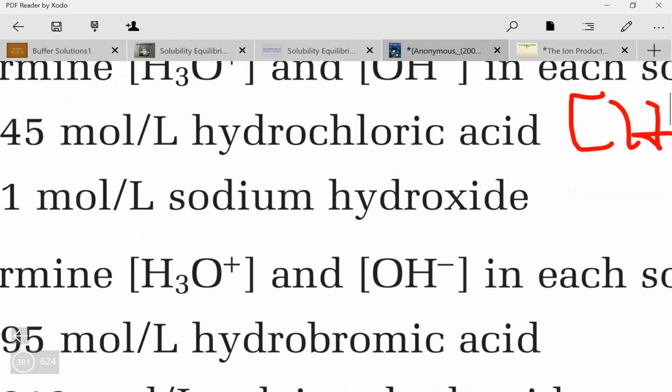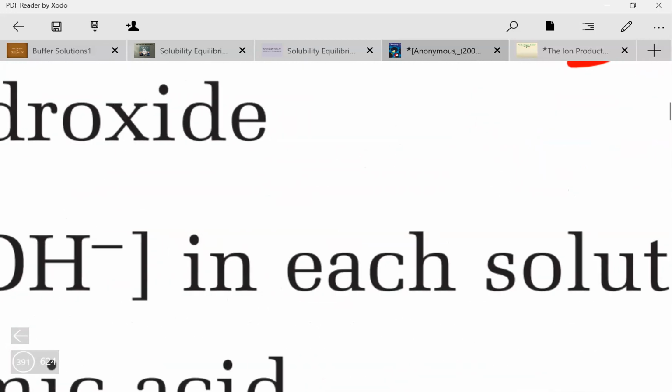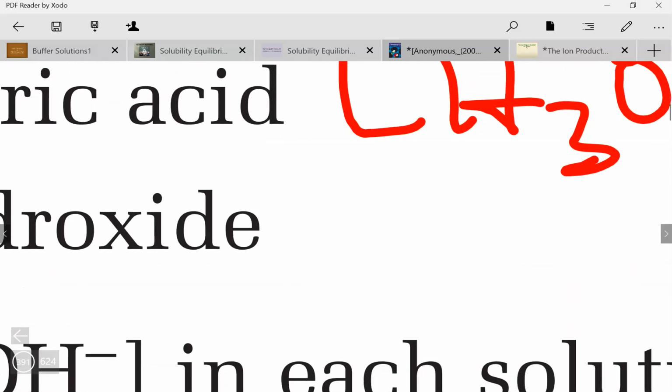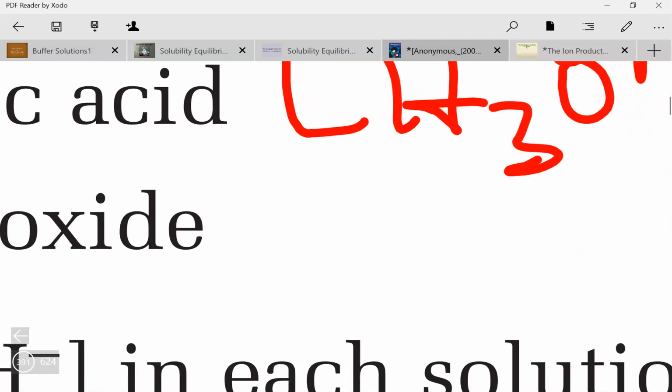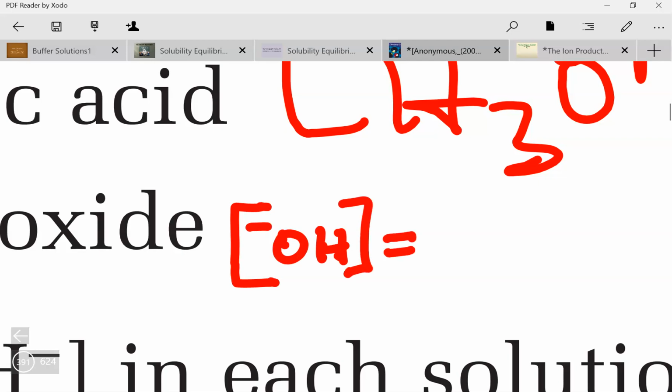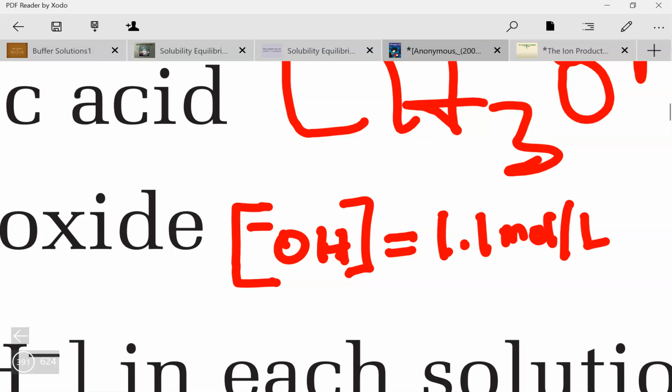Calcium hydroxide, 1.1 mole per liter. So here we know our sodium hydroxide. Sodium hydroxide, not calcium hydroxide. So our concentration of OH minus is the same as our concentration of sodium hydroxide base, which is 1.1 moles per liter.